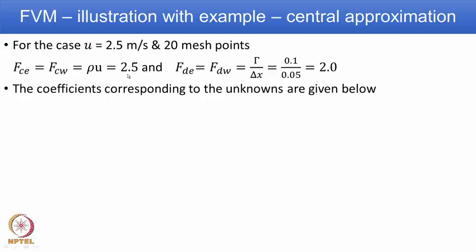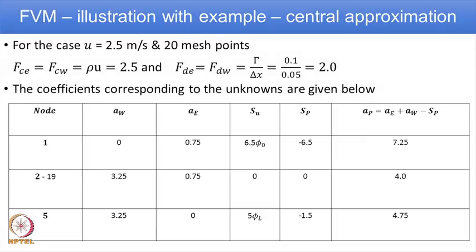This is the convection flux and diffusion flux for that particular control volume. All that we have done is increase the number of mesh points from 5 to 20, with the same scheme, that is central approximation. Once again you calculate all the coefficients.